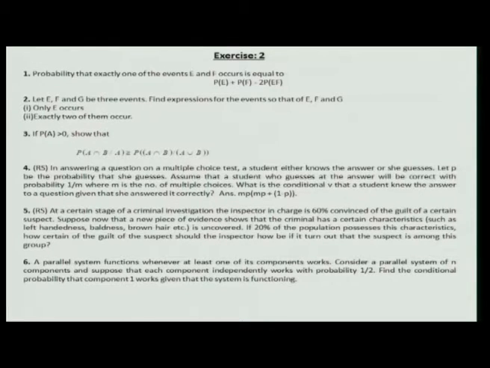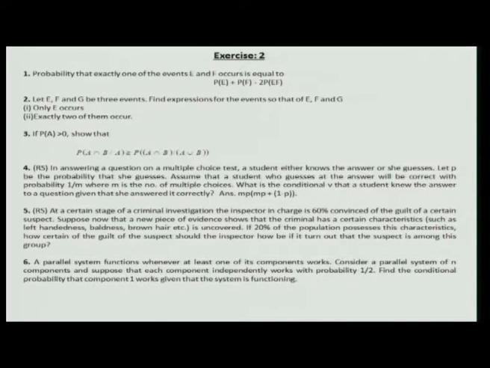How certain of the guilt of the suspect should the inspector now be? It should again be computed if it turns out that the suspect is among this group. So, this is the situation for computing the Bayes probability, because initially the inspector is 60% convinced of the guilt of a certain person.